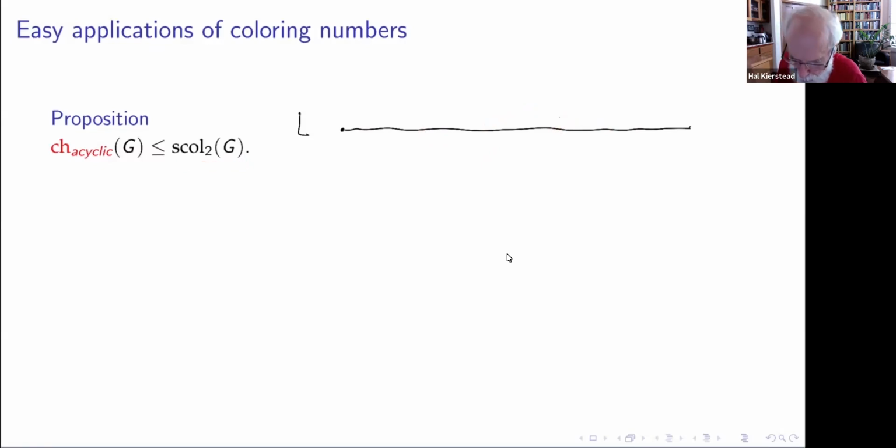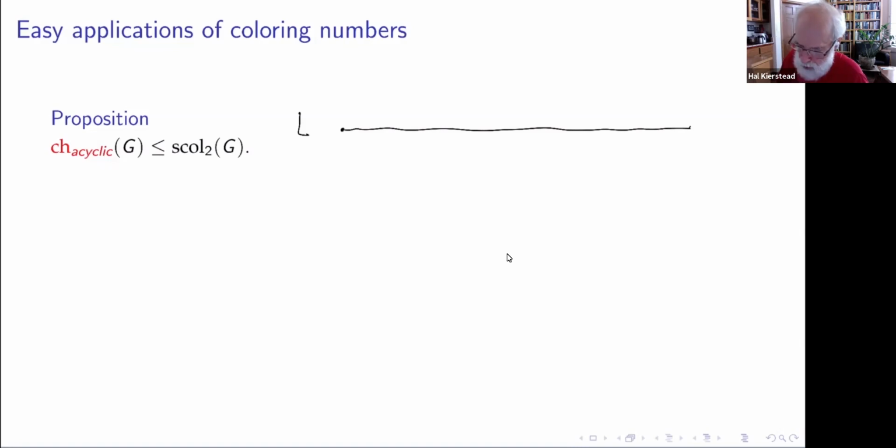Now I want to use it to bound the list acyclic chromatic number of the graph. So what's an acyclic coloring? An acyclic coloring is a coloring that is proper, and on top of being proper, it has to assign at least 3 colors to every cycle.